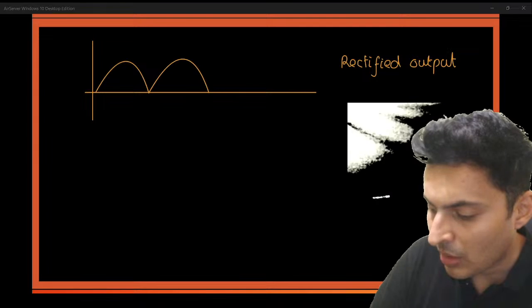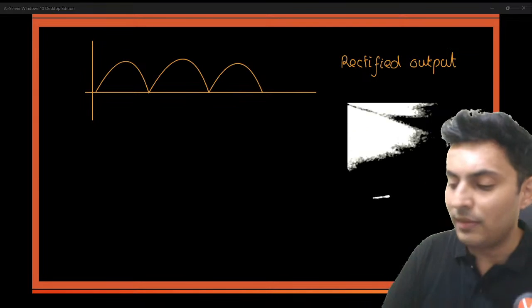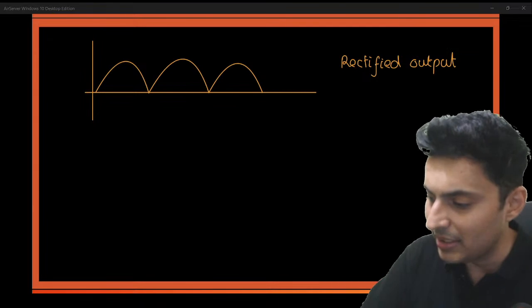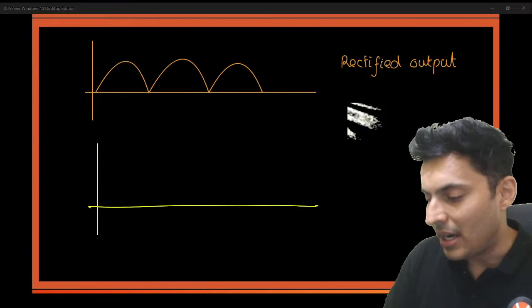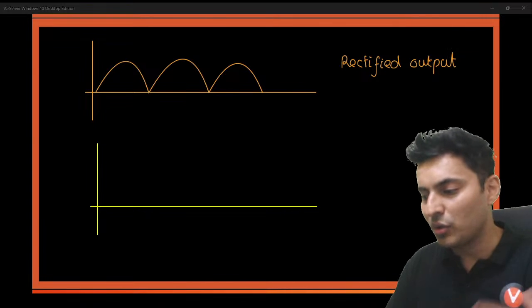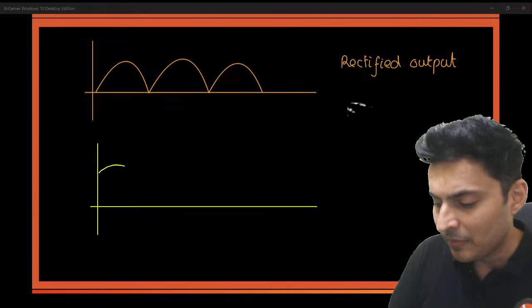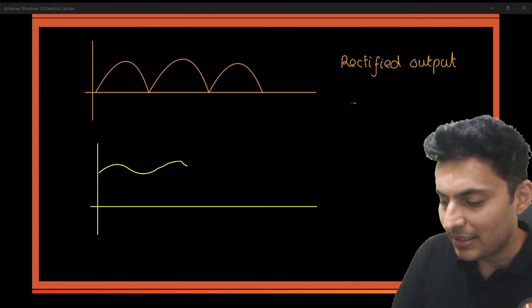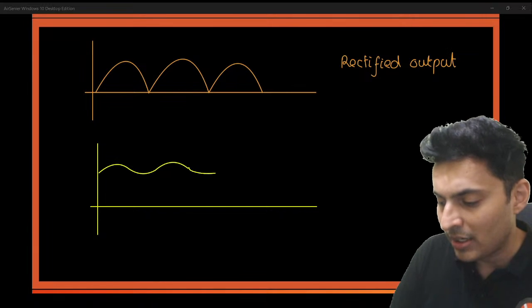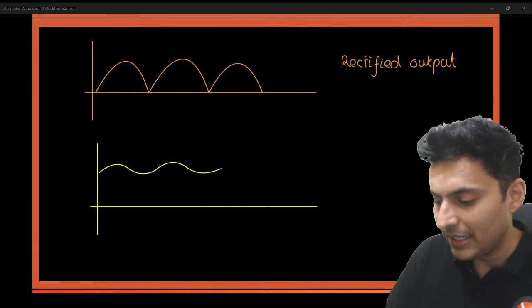Although the currents are always positive or the voltages are always positive, I'm not so happy with it because it's not constant. I know that DC voltages are roughly constant. So you use capacitors and ensure that there are minimal variations, because capacitors can store the charge and give it whenever needed.